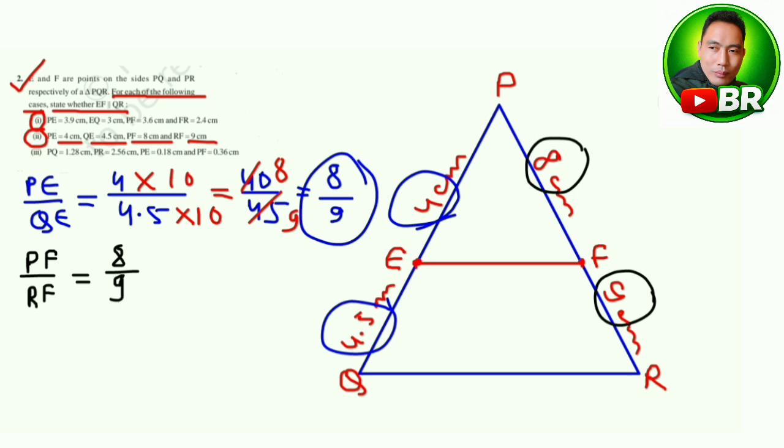Okay, students, here we can see the ratio of sides PQ and PR is equal. So, we can conclude EF is parallel to side QR.